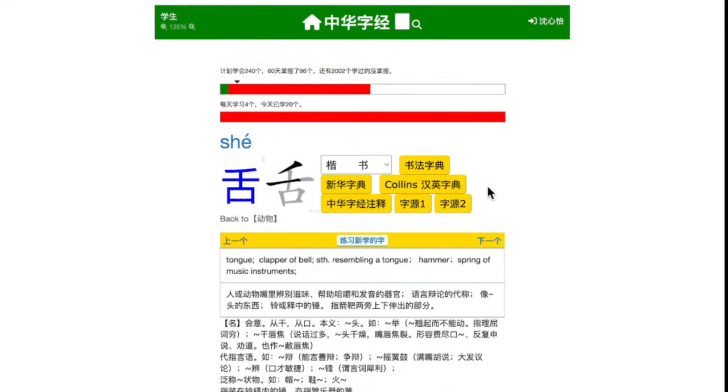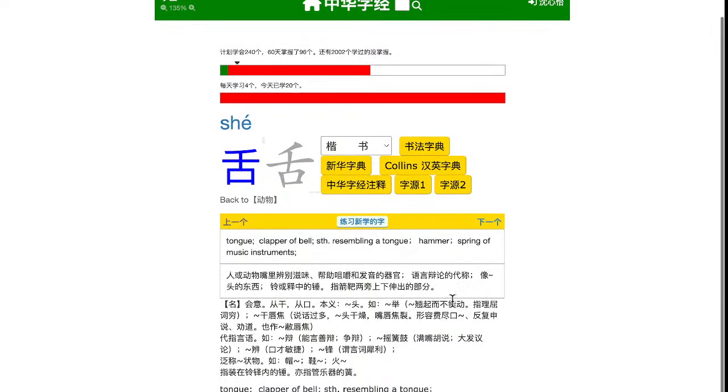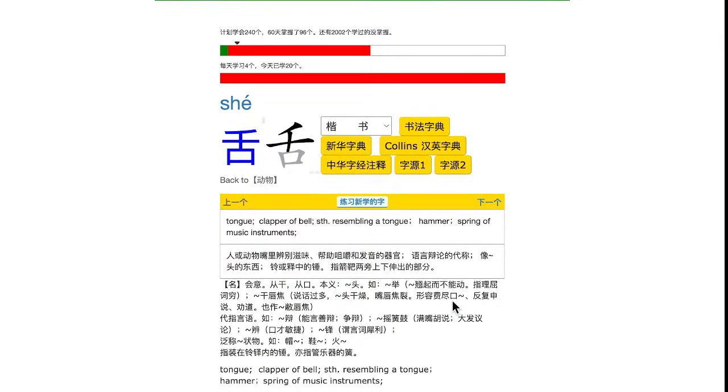请练习今天新学的字。 舌 means tongue, or anything resembling a tongue. And it's also the hammer or the spring of a musical instrument, like this brass instrument. On the end, you blow air into it.